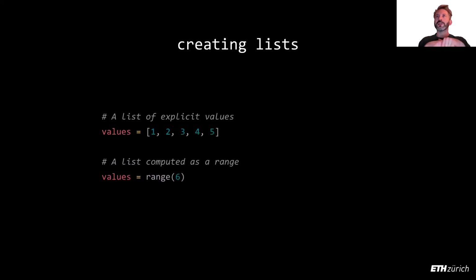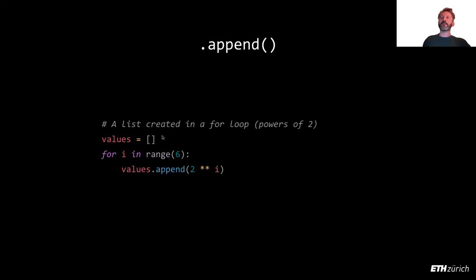Okay, back to the lists. We saw that we can create explicitly a list of values. We can also compute a list of values. We can also create an empty list, for example. In this case, values equals an empty list. And then we can append values to that list. So in here, we will iterate in the range of 6, so 0, 1, 2, 3, 4, 5.